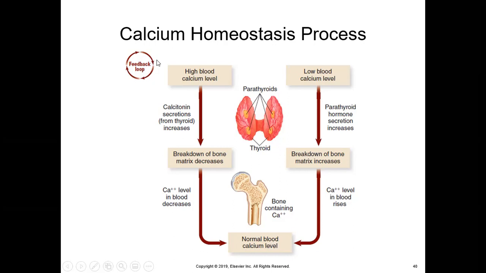If you have too high a level of calcium, then the calcitonin will decrease the osteoclast activity, so it won't break down bone, but it also increases osteoblast activity to actually make more bone, take calcium from the blood and make more bone, and therefore the calcium level in the blood decreases. Get back to normal blood levels.